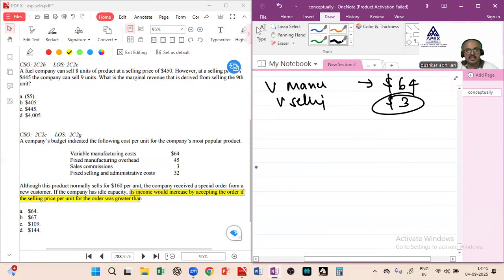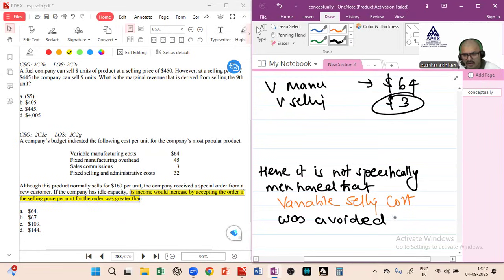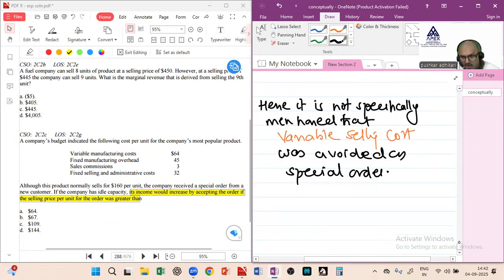Sir, why did you take the variable selling cost? Please try to understand. Here, it is not specifically mentioned that the variable selling cost was avoided on the special order.